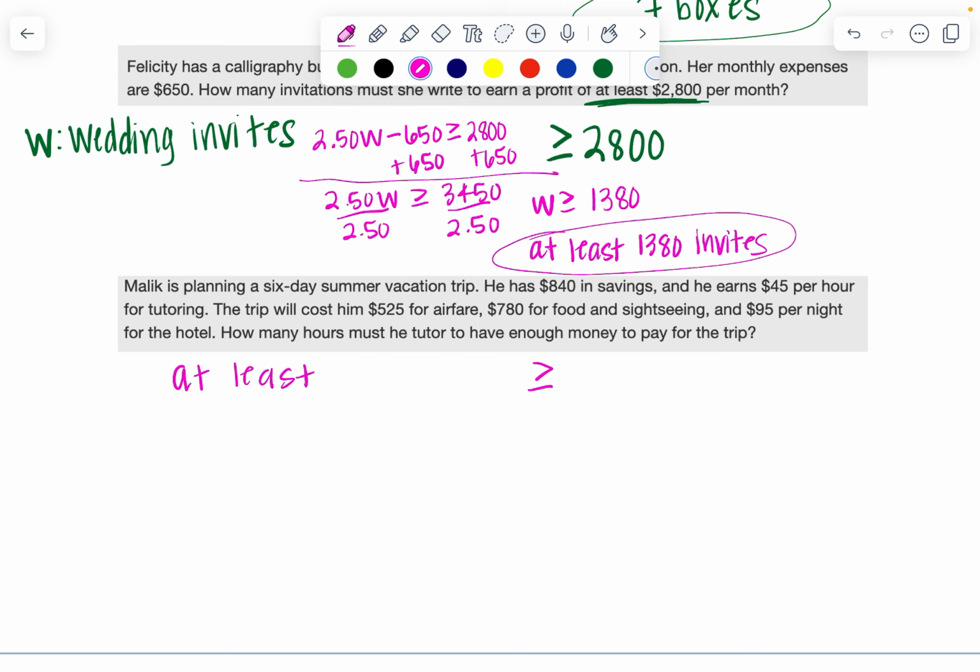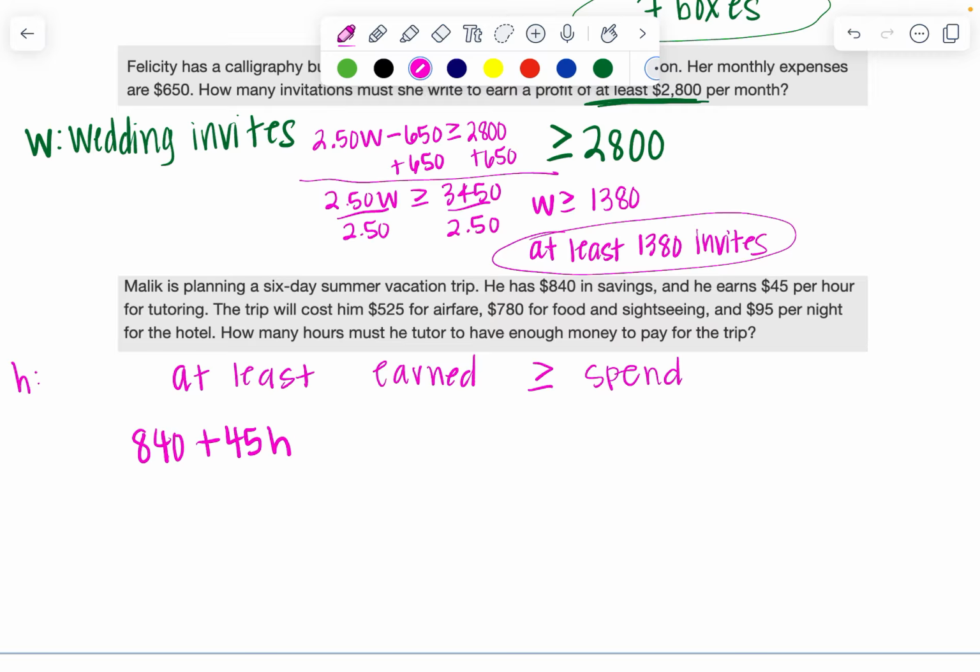If we look at his spending, his money earned has to be greater than or equal to what he is going to spend. So the money that he's earning, he already has $840 plus $45 per hour.